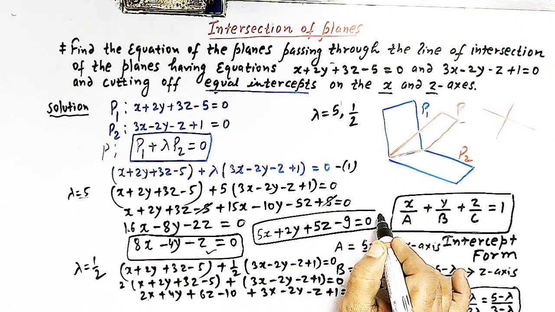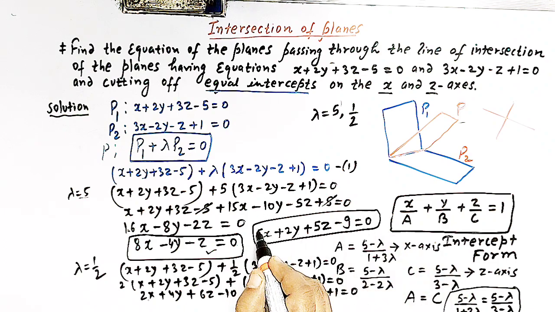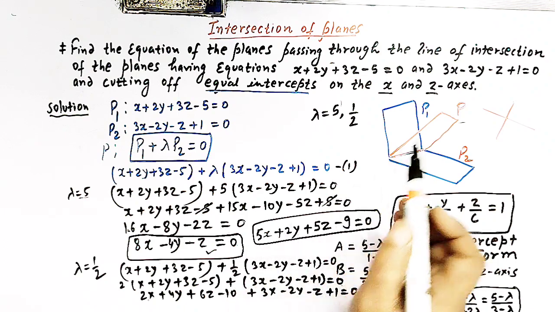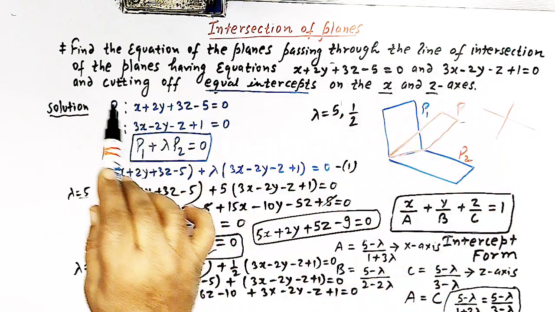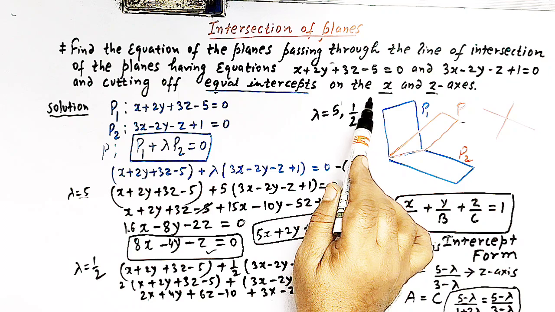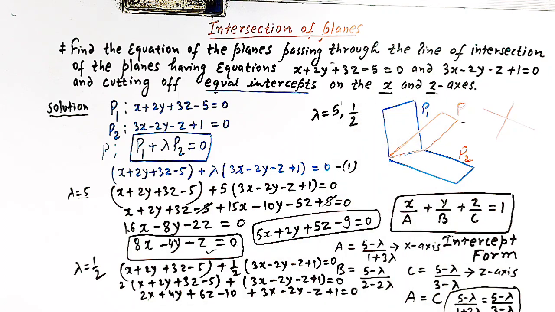So this is the equation of the second plane which passes through the line of intersection of these two planes and cutting off equal intercept on the x and z axis. So here we have two equations of the planes.